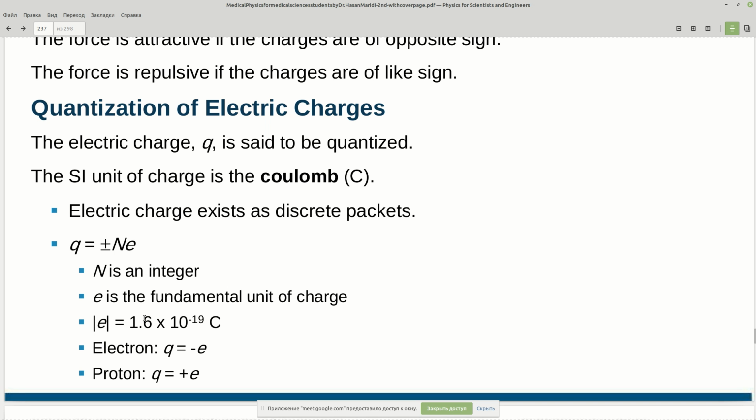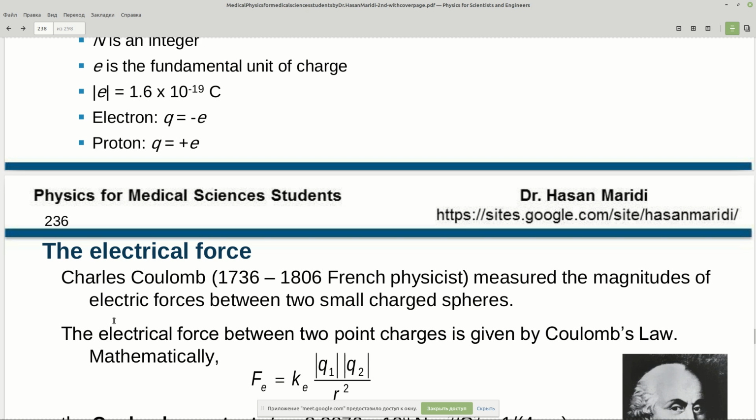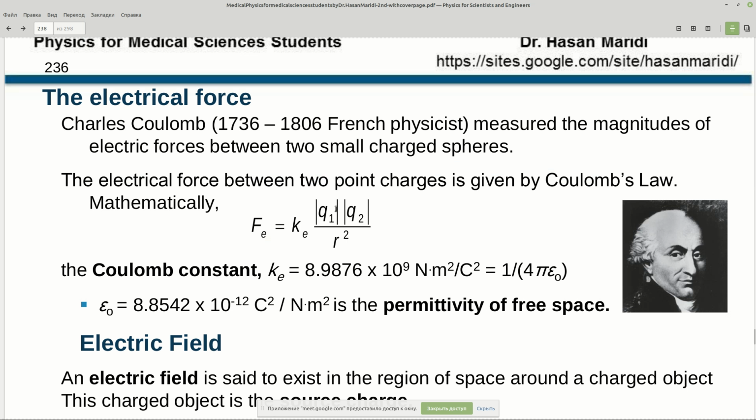The electrical force between point charges is given mathematically, where the force between two point charges equals the proportionality Coulomb constant, 1 divided by 4 pi epsilon 0, multiplied by the product of the first amount of charge and the second amount of charge, and inversely proportional to the square of the distance between the two charges.